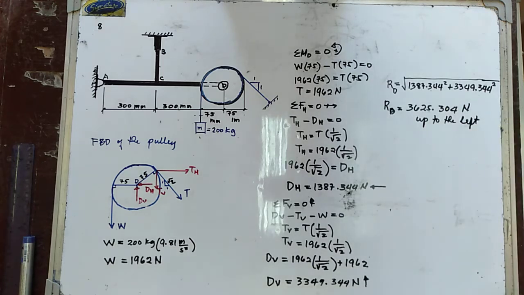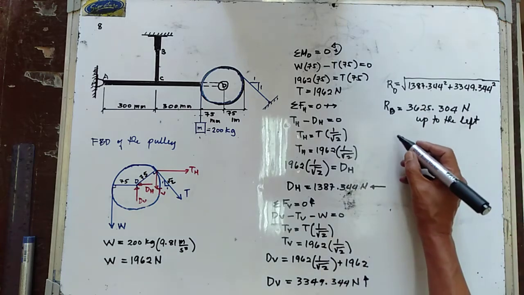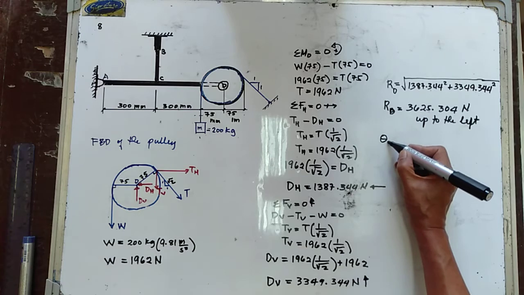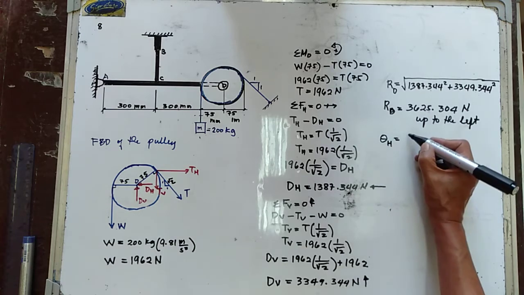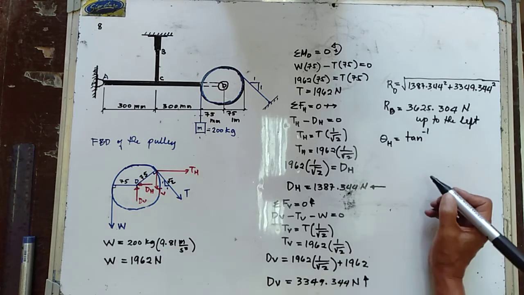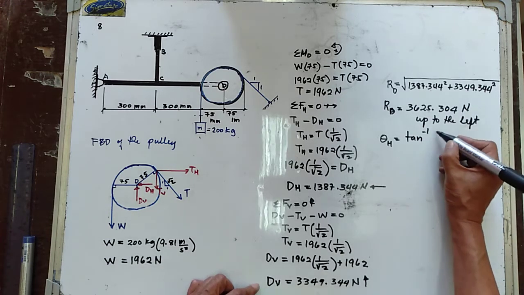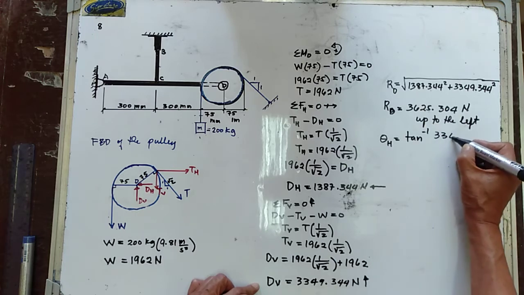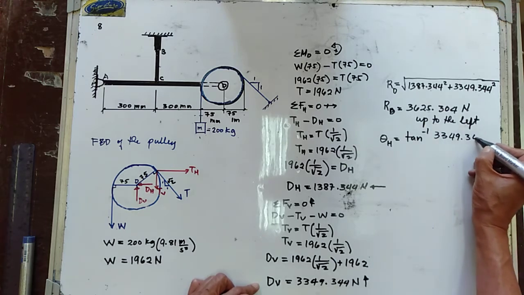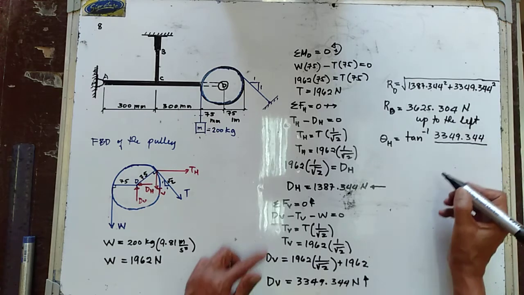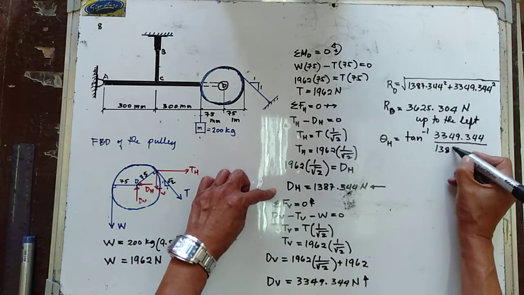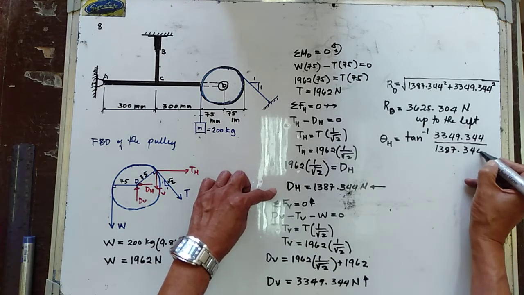Now, let's try to determine the angle that the total reaction at point D makes with the horizontal. So your theta with the horizontal is now equal to the arctangent of D vertical, that is 3349.344, all over D horizontal, 1387.344.